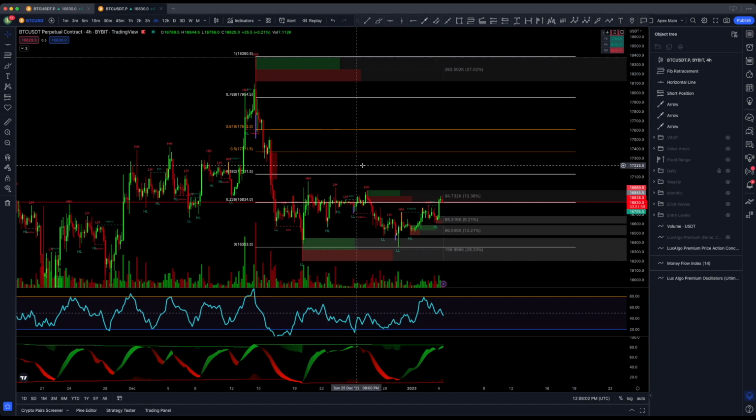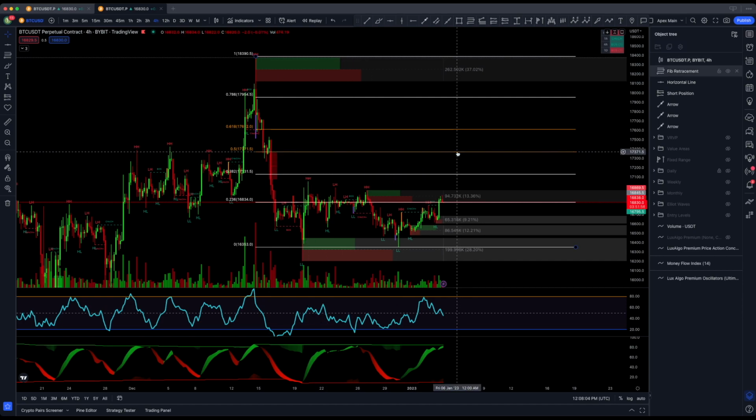I'd also have an additional higher order at 17,371, just because if we're going to continue to go up, then that's my absolute top that I think it will go. I really don't see it going as high as the golden pocket, although it wouldn't be out of the question, by the way. It's not like it would never go that high.